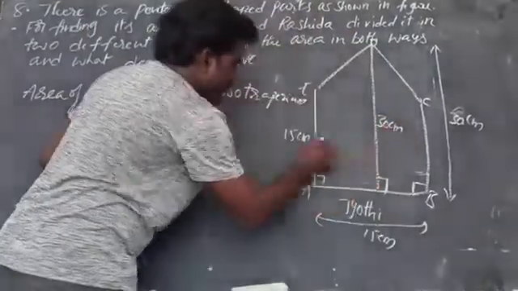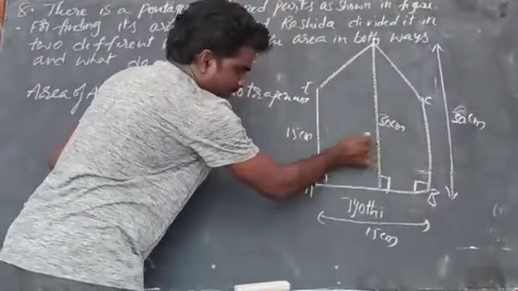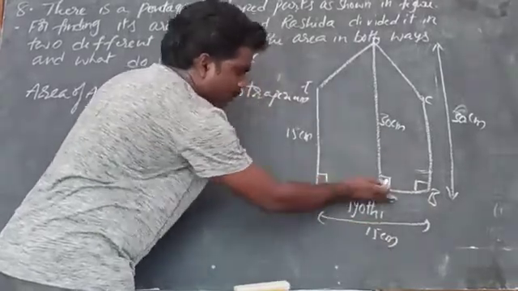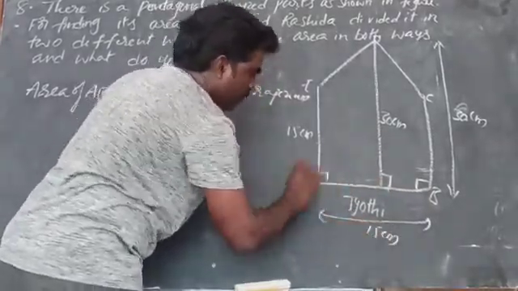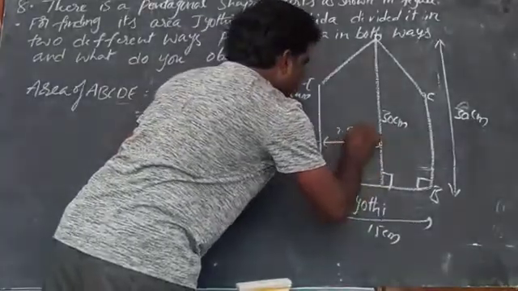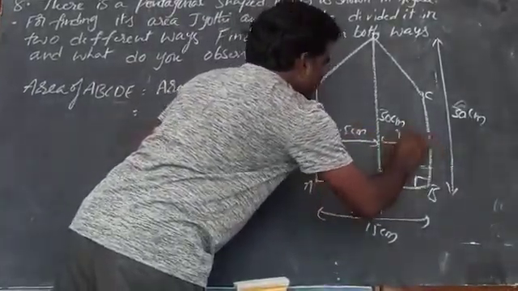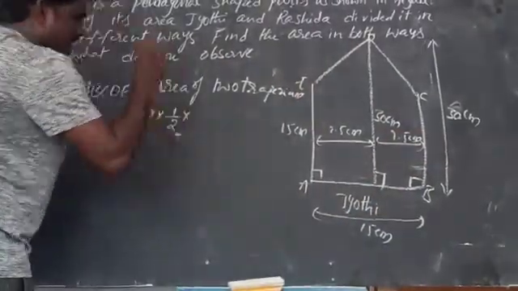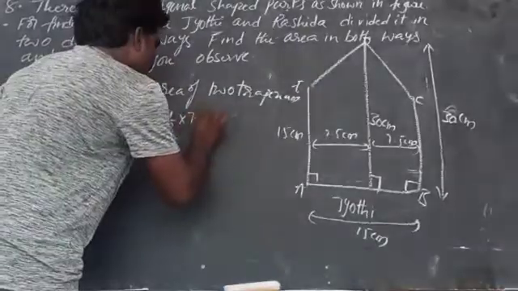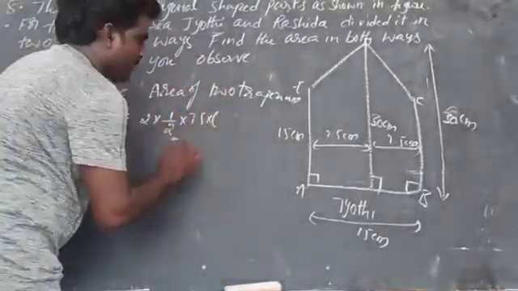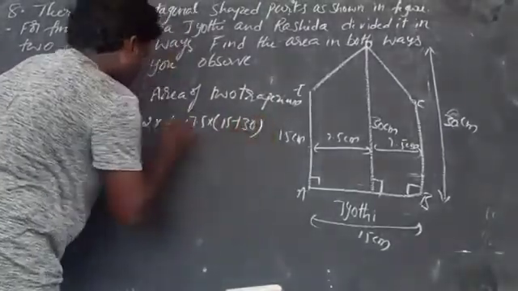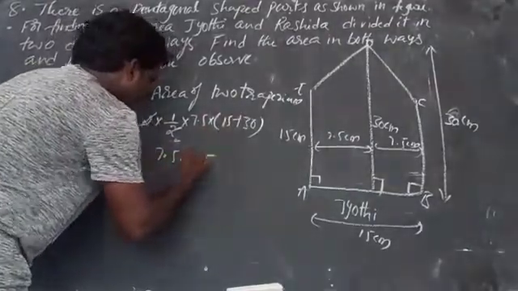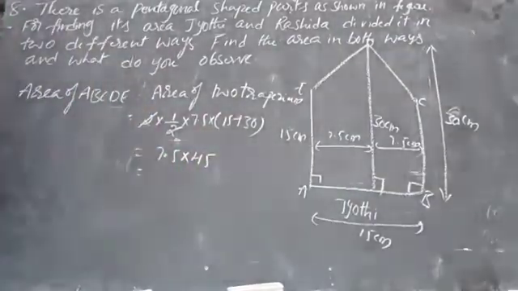The total length 15 is divided into two parts, that is 15 by 2, so this height is 7.5 centimeters. So it is half into 7.5 into the sum of the parallel sides, 15 plus 30, that is 45.